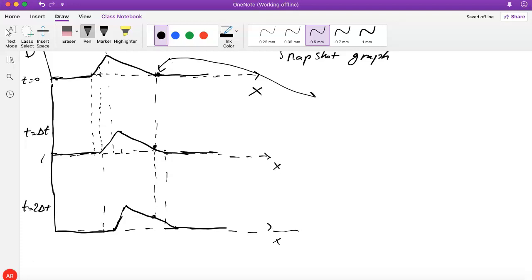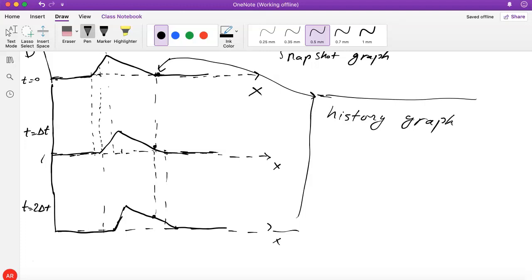Okay, so let's say I want to draw the history graph, which is for that one point as a function of time. Now the horizontal axis is time, and I want to see what the displacement is for that particular point. Well, at t equals 0, it's 0.